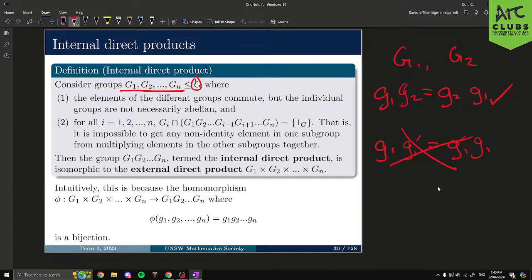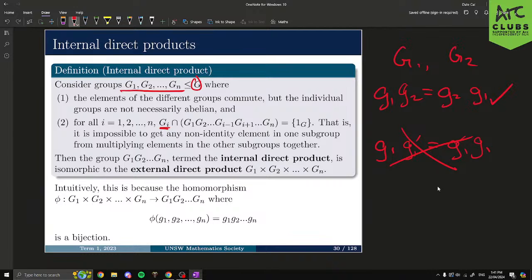And then the second condition, if you've done vector spaces, should be kind of the group analog of linear independence, or of independence, I should say. So Gi is independent from all the other groups, in that if I take all the elements that I can generate using all the other groups, then the only element in common with Gi is the trivial element, right? It's just the identity.